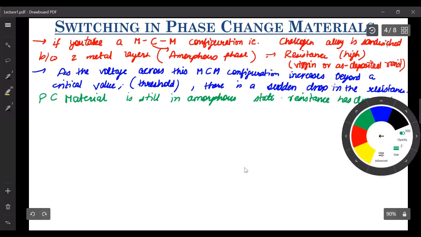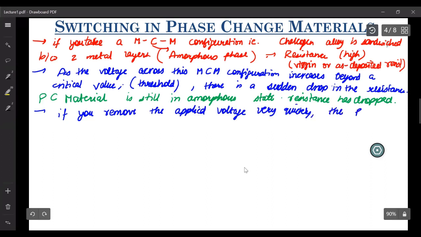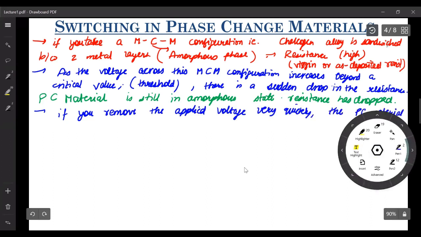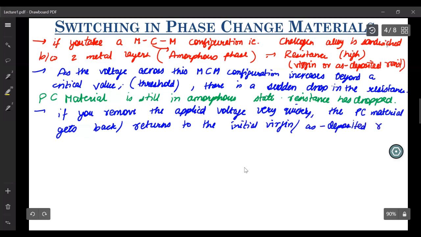Moreover, what he observed was that if you remove the applied voltage very quickly, then the phase change material gets back or returns to the initial virgin or as-deposited resistance value.